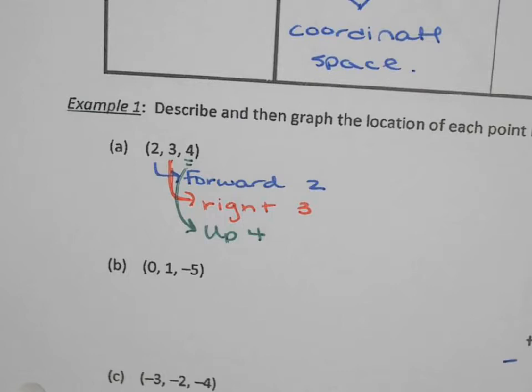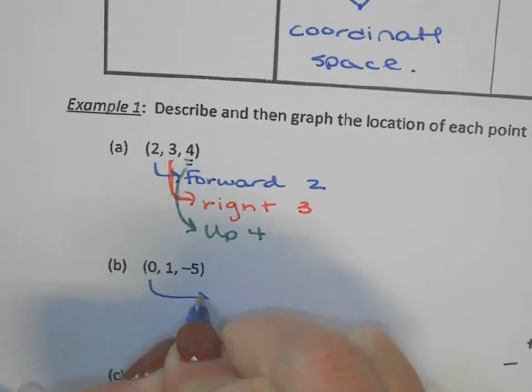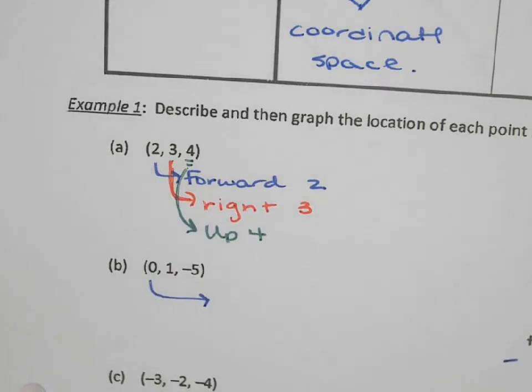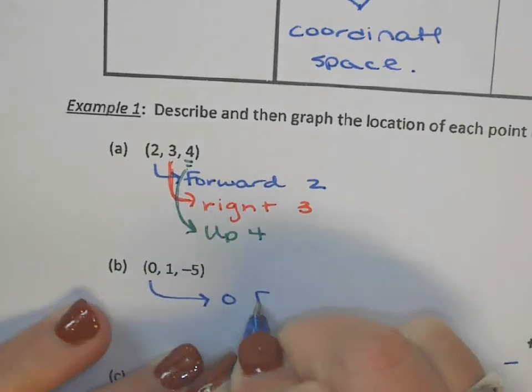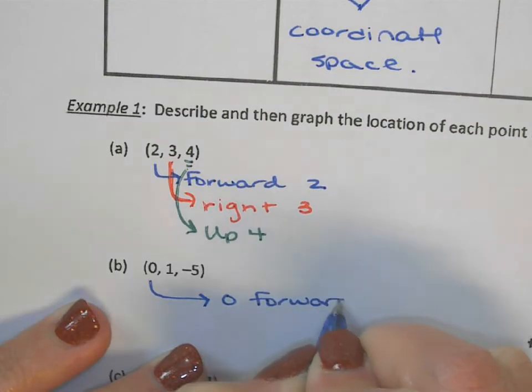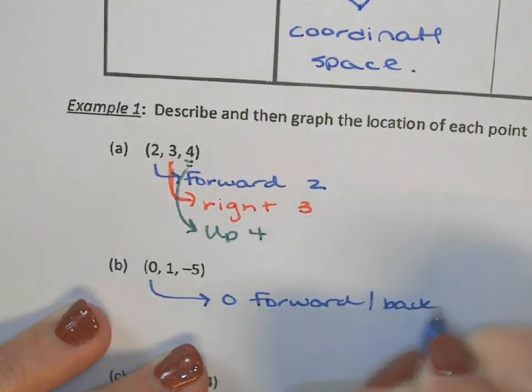Okay, so that first number, forward or back. 0. How does that one move? It doesn't matter. You could say 0 forward, you could say 0 backward, because if you're not moving forward or backward, you're not moving. Okay, so I don't care if you say 0 forward here or backward.